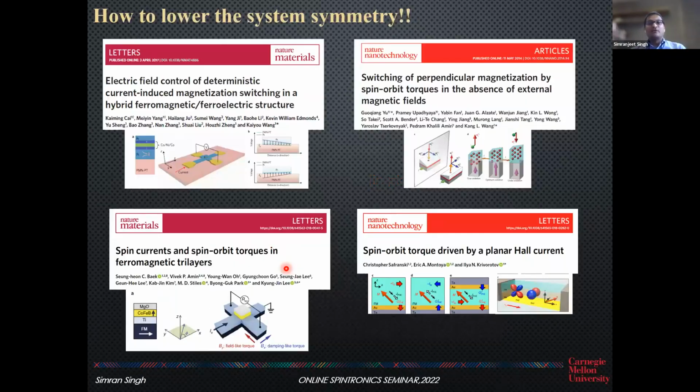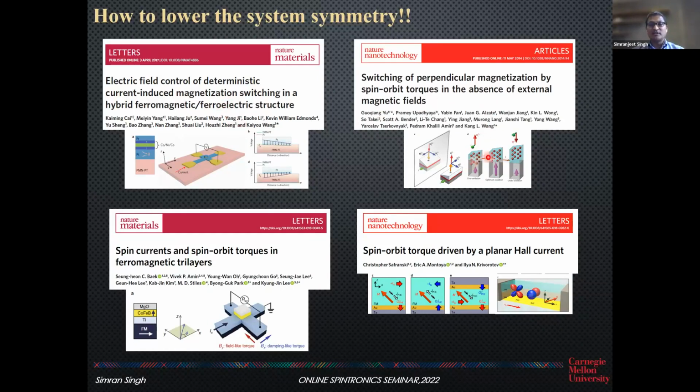But of course, people have found ways around this problem. There are very nice works out there, and I'm just picking 4 of them here. For example, you can use ferromagnetic and ferroelectric heterostructures to achieve field-free deterministic switching of a PMA magnet.